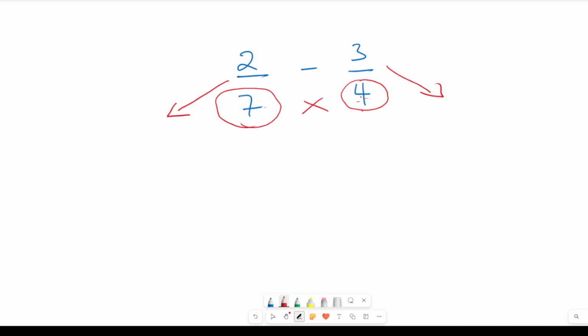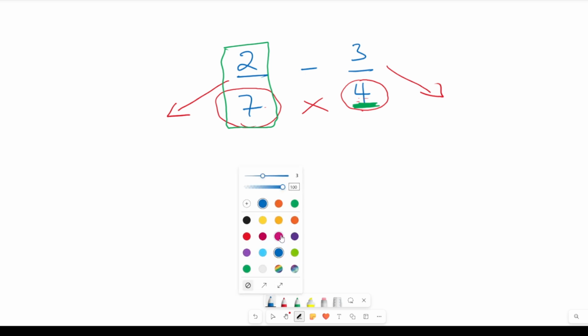I can multiply this fraction by this number, and I will multiply this fraction by this number. And that will give me equivalent fractions that I can use to continue solving my problem.